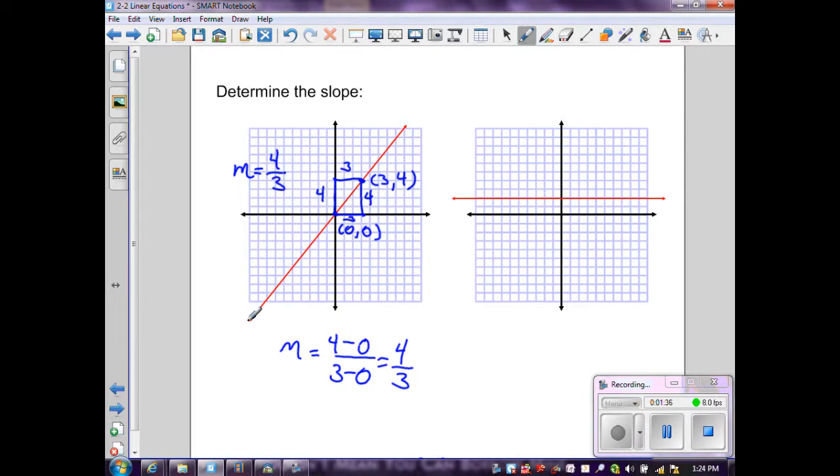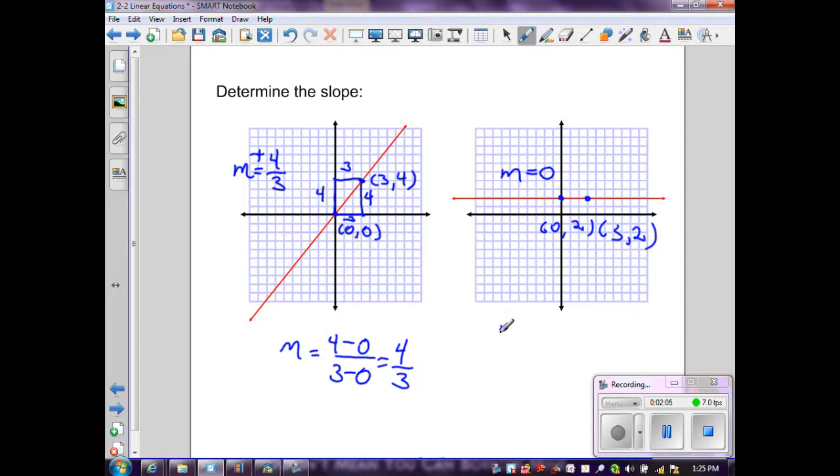I also am aware that my graph increases from left to right. Therefore, I know my slope is positive. Our next graph is a horizontal line. I know its slope is 0. I can verify that with 2 points. Here I'm going to use 0, 2, and also 3, 2.